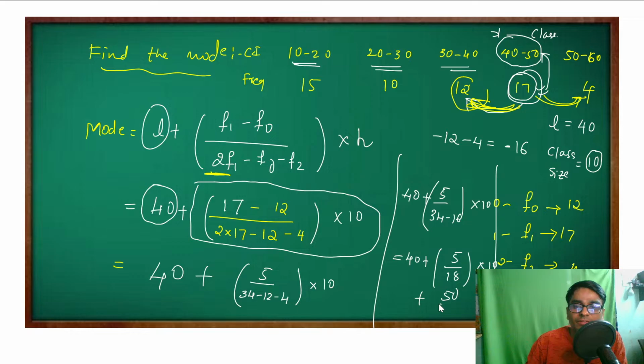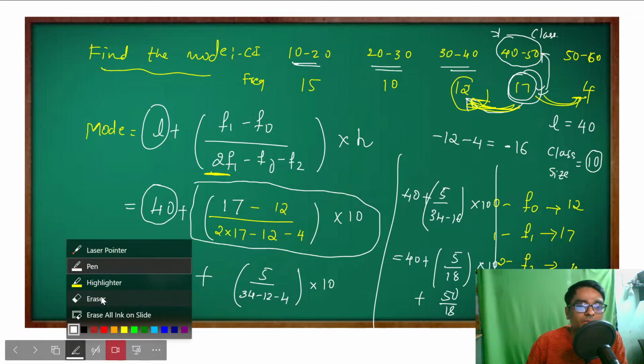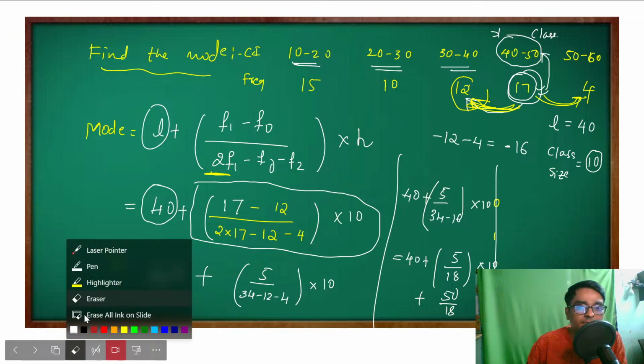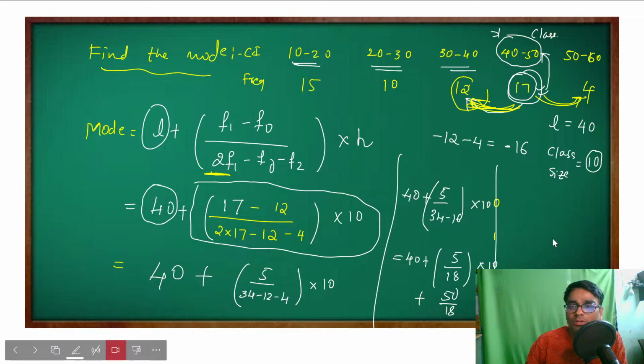This 50 by 18 can be written as, let me remove this part. 50 by 18 we will reduce. So what is 50 by 18? 2 25s are 50, 2 9s are 18. Correct. Now you can cross multiply 9 and 40, or you can do one thing. 40 plus, what is 25 by 9?